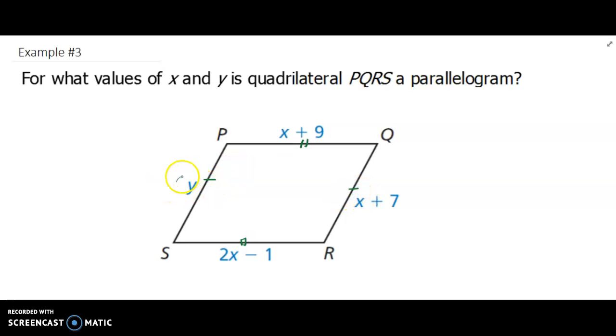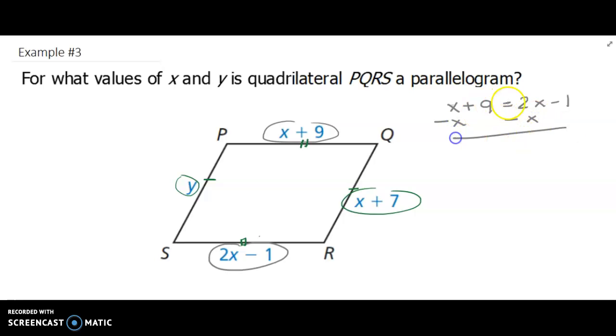If I notice this side and this side have an x and a y, this side and this side both have an x, so I can go ahead and solve for x here. They have to be congruent, meaning they have to be equal. So x plus 9 equals 2x minus 1. I'm going to subtract x from each side. I get 9 equals x minus 1. Add 1, 10 equals x.